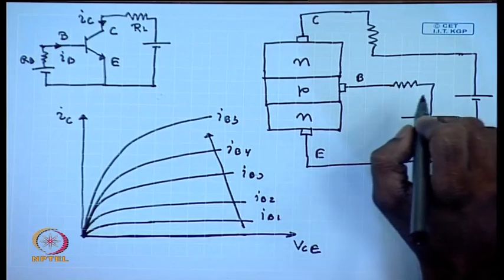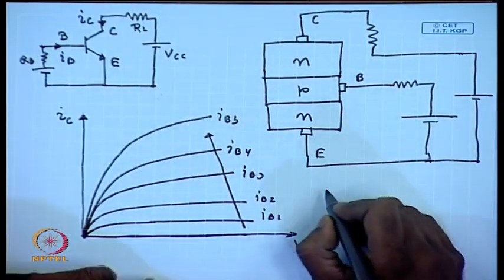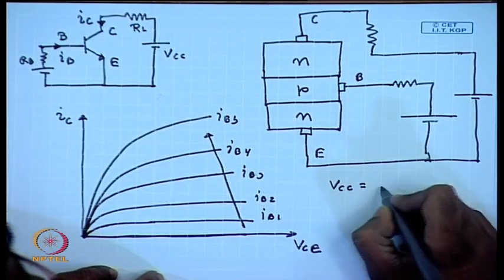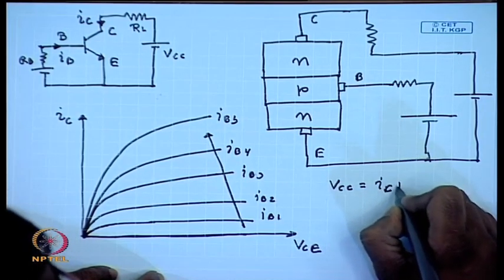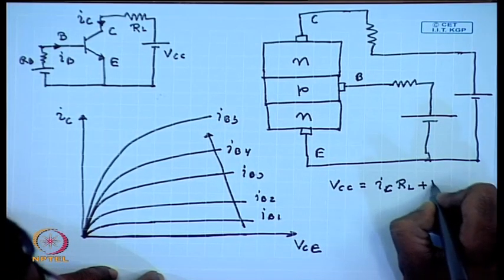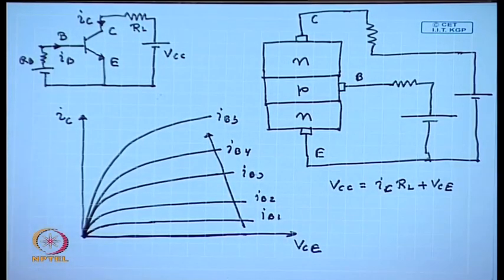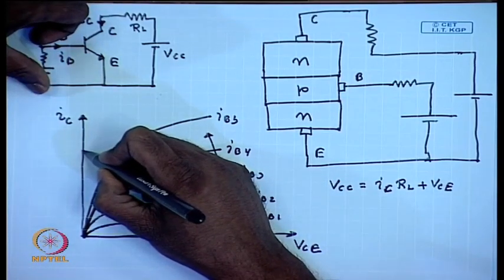The load line, if this is VCC, is given by VCC equal to IC into RL plus VCE, which looks somewhat like a straight line.